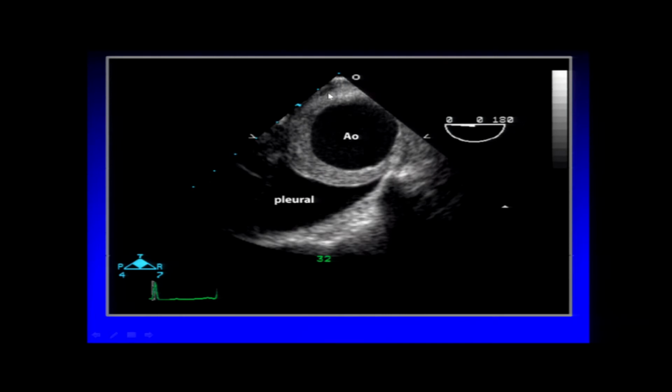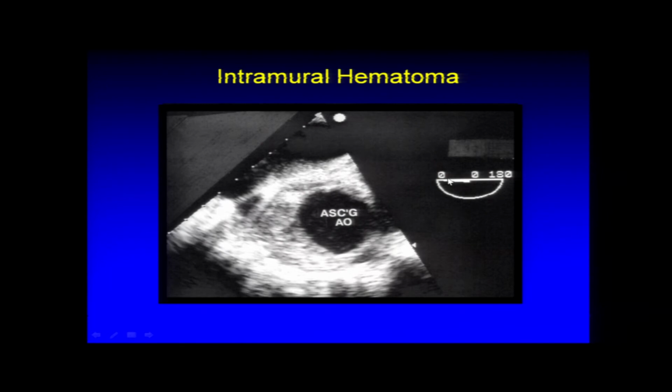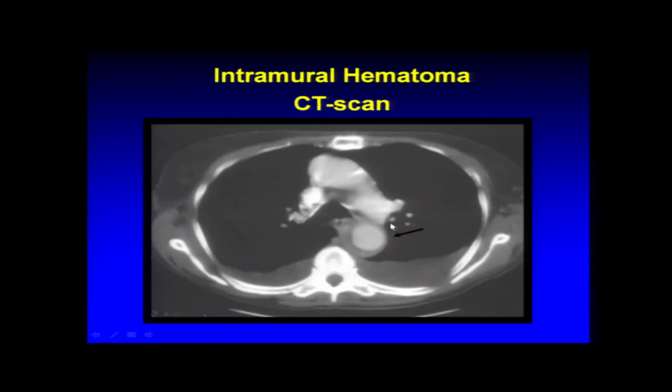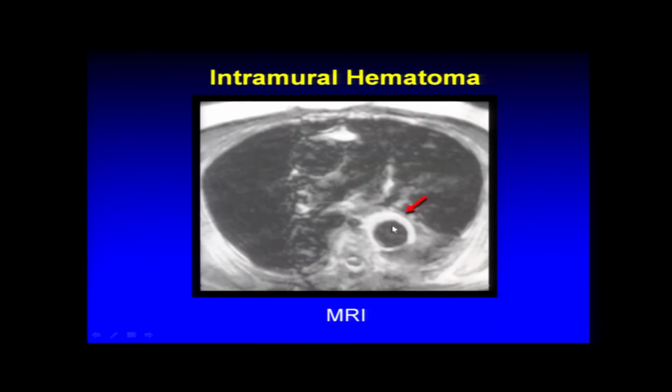This one is nearly concentric, but notice the normal lumen, smooth wall, another one, crescent shaped. CT scan, same finding. The lumen here is normal, and this is the blood in the wall of the aorta.